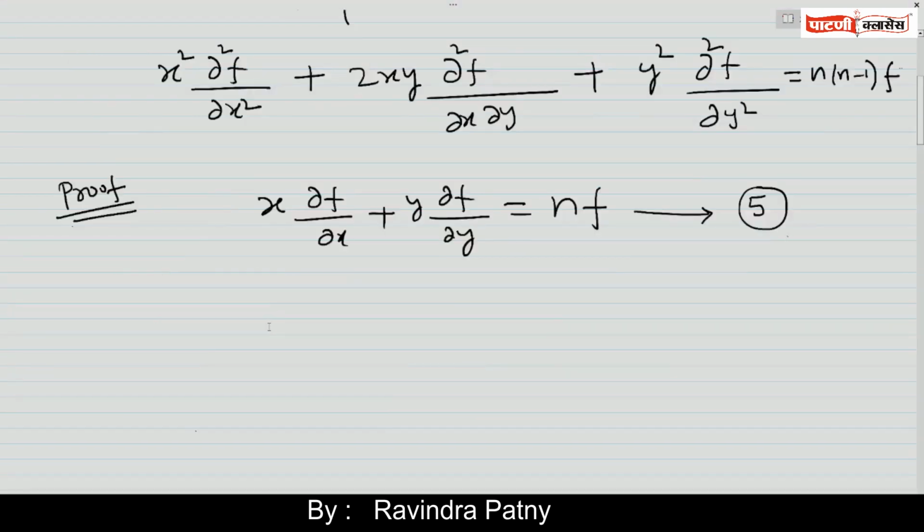Now from the previous discussion, we already have x into dou f upon dou x plus y into dou f upon dou y equals to nf. Let us call it equation number 5.